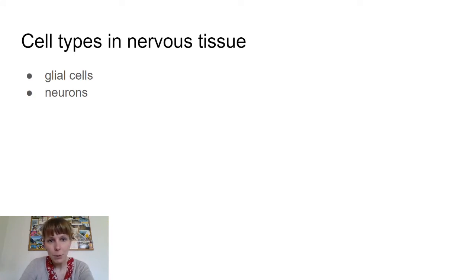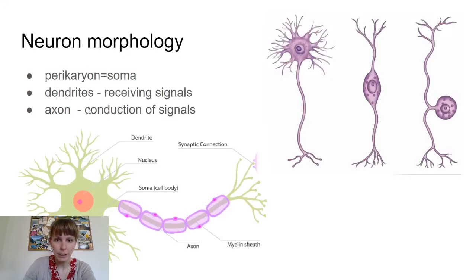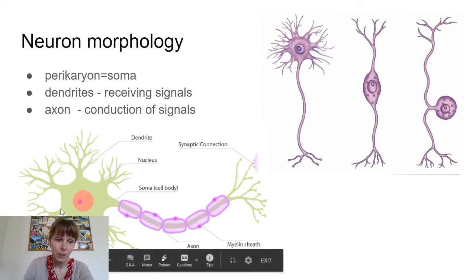The types of cells that we will see in general in the nervous tissue, both the central nervous system and the peripheral one, will be glial cells and neurons. So let's talk a little bit about them at the beginning. Neurons will have different kinds of morphology, but all of them will have a soma. That's the cell body of the neuron, where you have most of the cytoplasm and the nucleus.